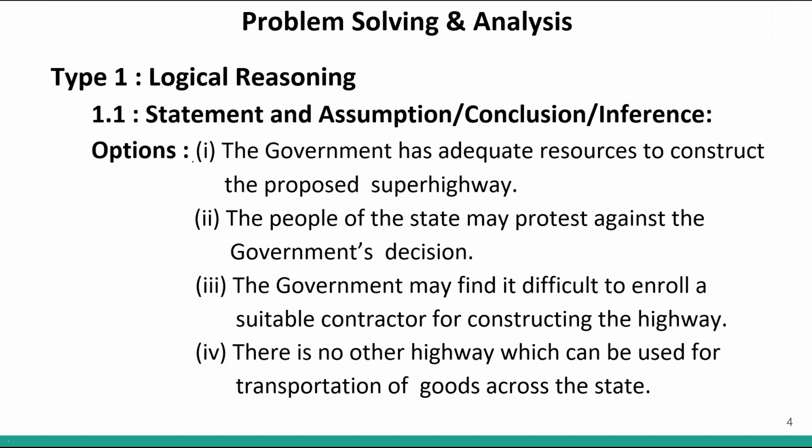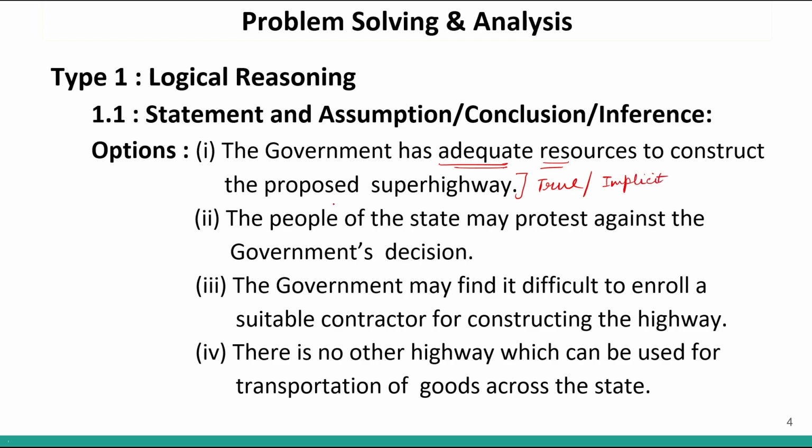Assumption number 1, the government has adequate resources to construct the proposed highway. Now, if a government has decided to construct a highway, that means it definitely has adequate resources. It has a budget, it has allocated funds to construct the highway. So this is a true assumption, or you can say this is an implicit assumption.